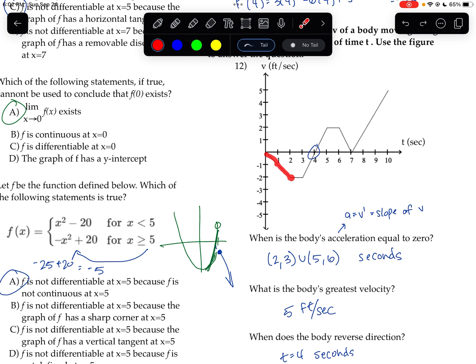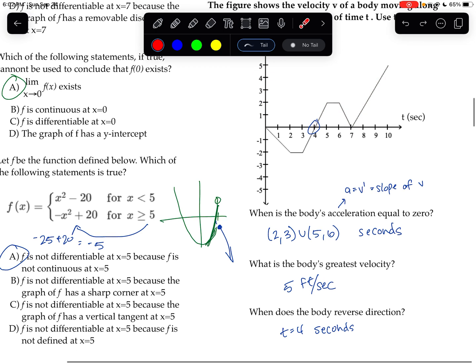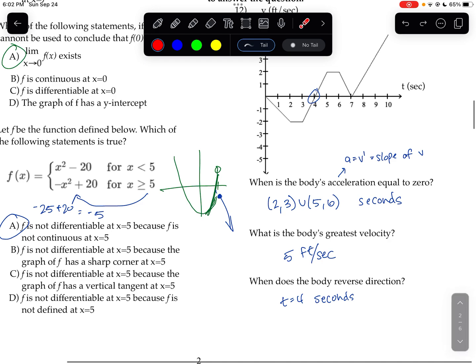So it speeds up, then it maintains speed at 2 feet per second, and then it decreases its speed because the outputs are decreasing there. Now it's changing direction. And then it speeds up again, maintains speed, decreases speed, stops, and then continues moving forward and increases its speed all the way up to this point when it's 5 feet per second. Okay, so that should describe the motion of the body.